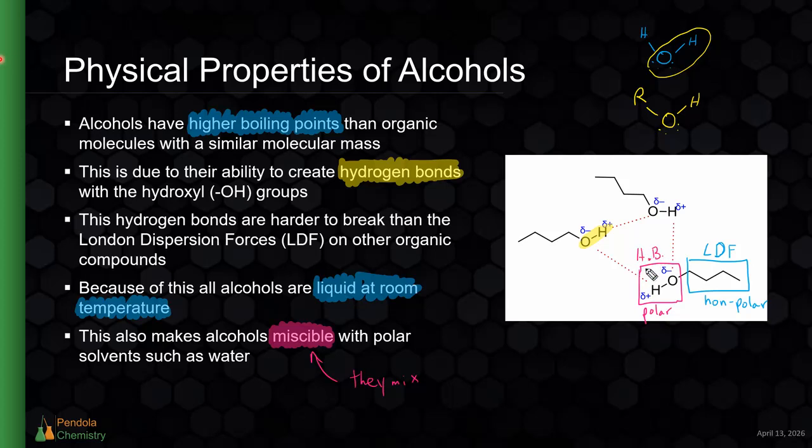So we do have to realize that the longer this chain is, the more nonpolar the alcohol becomes. A small alcohol like ethanol is a lot more polar than a large alcohol like hexanol or decanol, really large, many-carbon alcohols. So keep in mind that alcohols become more nonpolar the larger the carbon chain is.